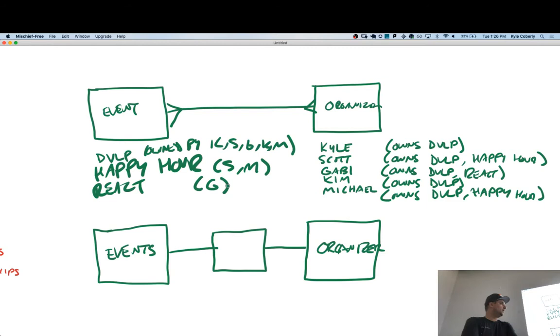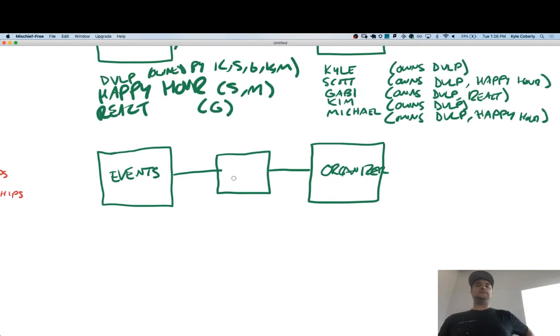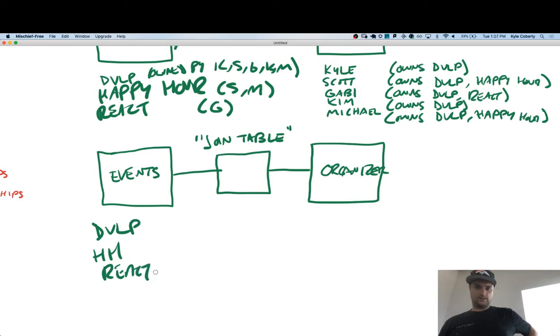So, with databases, we actually can't model this way. Doesn't work. What we need is an entity in between these. We call this a join table. And what it does is this just becomes DVLP, happy hour, react.